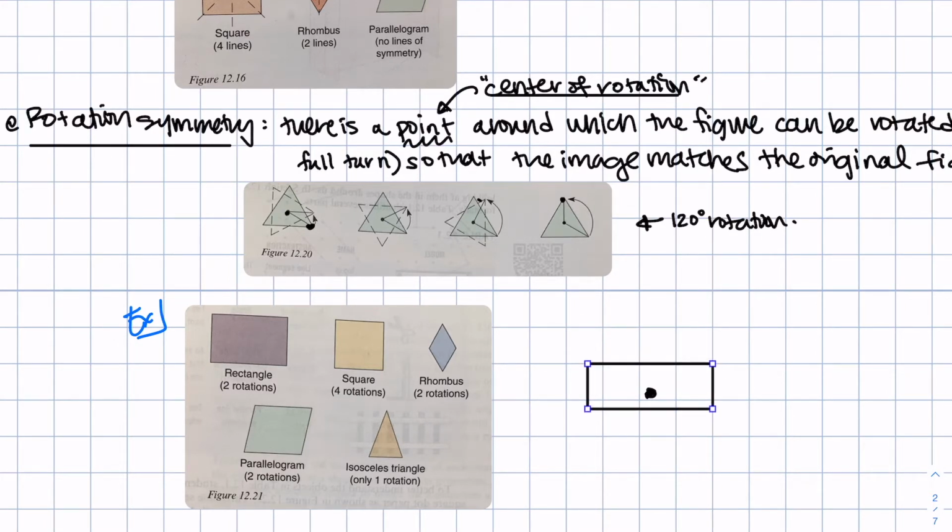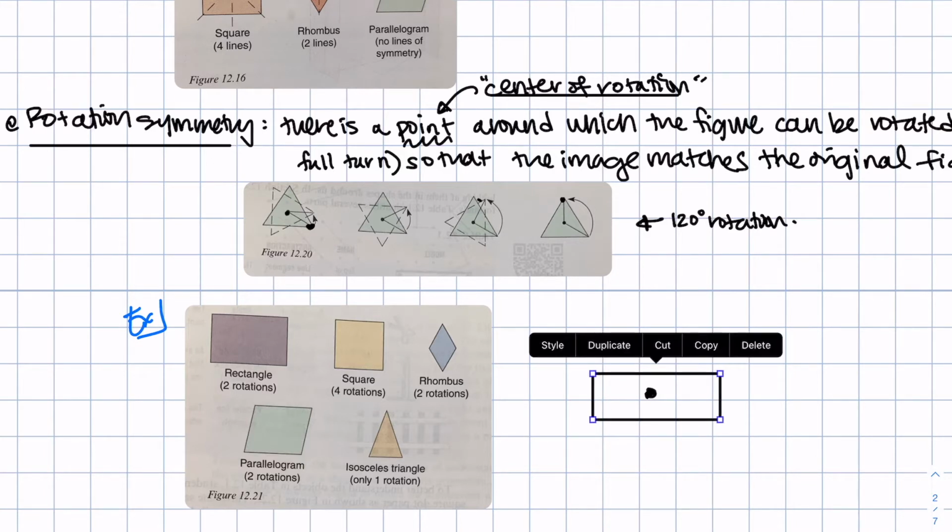There we go. I have one symmetry at 180 degrees and another one at 360 degrees. So there are two rotations that get me back to the original figure, right?